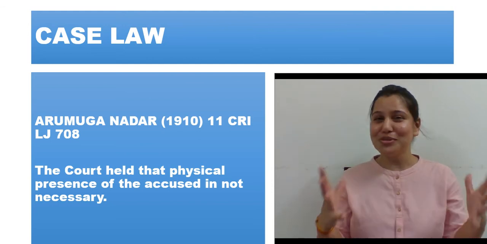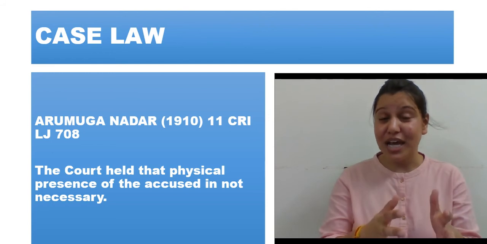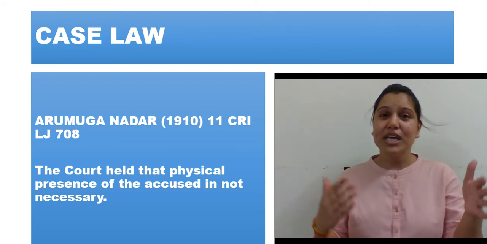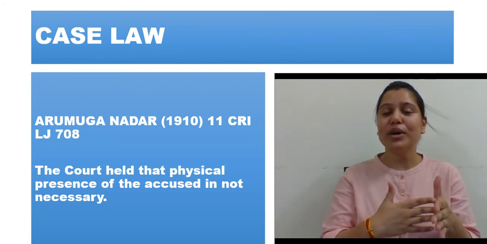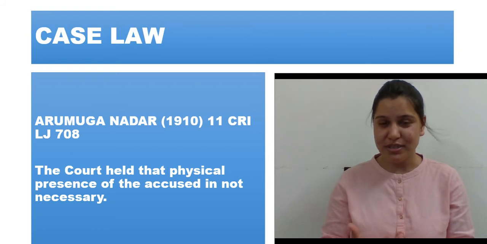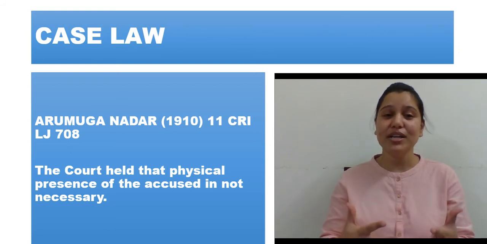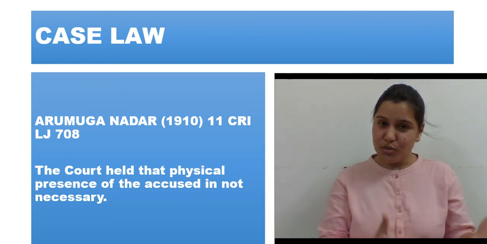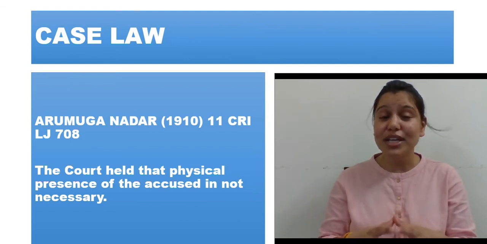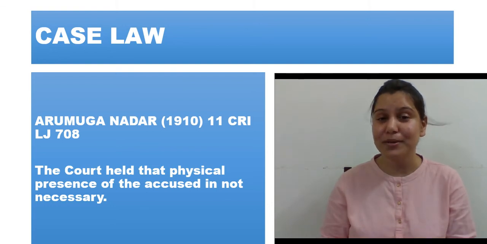So of course even at that time, this case actually brought this new concept that even restraining somebody from entering their own house amounts to wrongful restrainment, right? So there it was held that it was a wrongful restrainment, and it is not necessary that the accused has to be present, right?